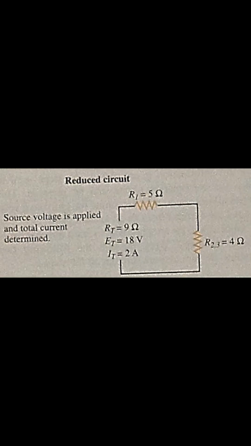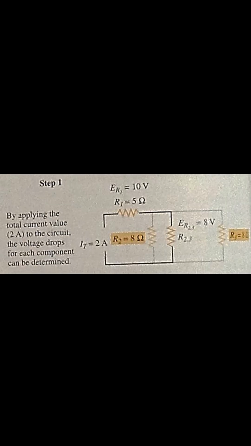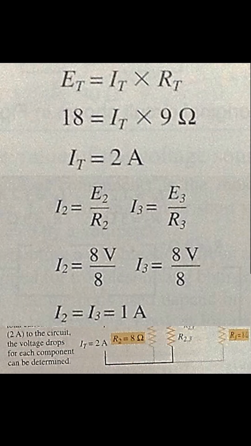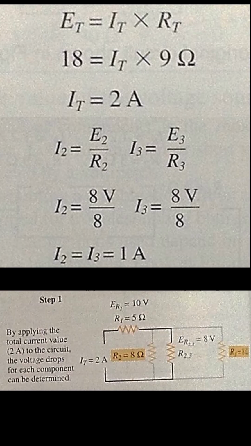Reversing the simplification process, R23 is restored to the 2 separate resistors, R2 and R3. The 8 volt drop is applied to each resistor, as is done in parallel circuit applications. Since the voltage drop in each resistor is known, Ohm's law can be applied to find the current values of each remaining resistor.